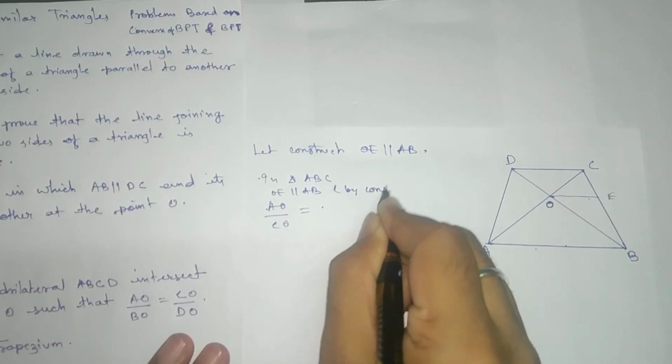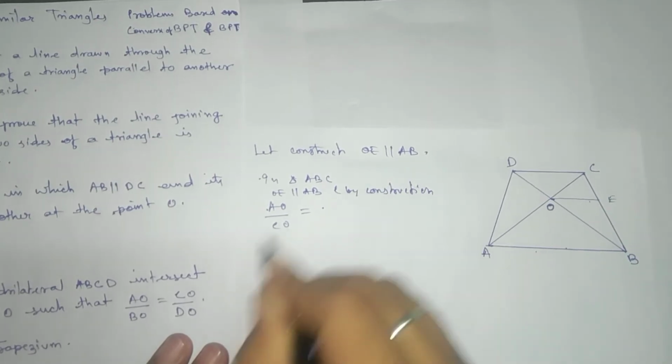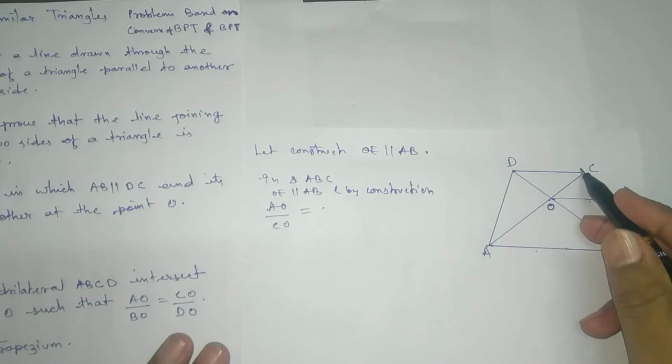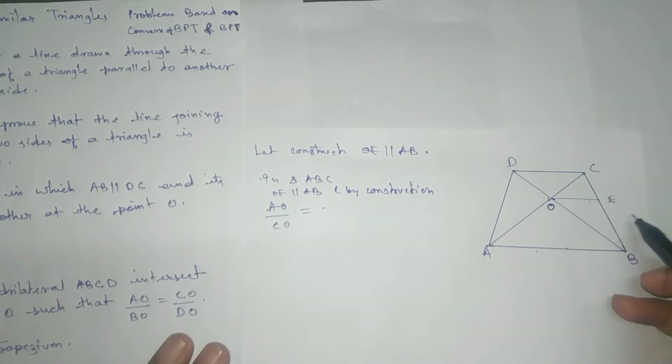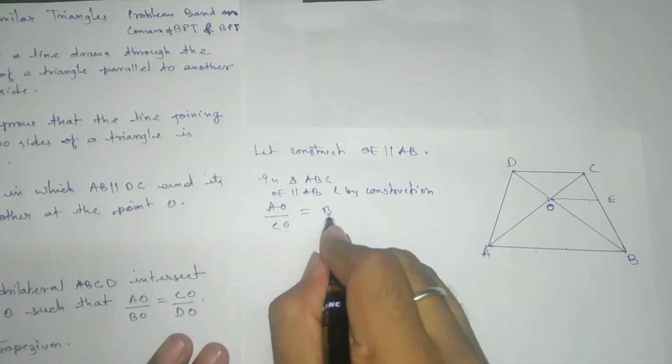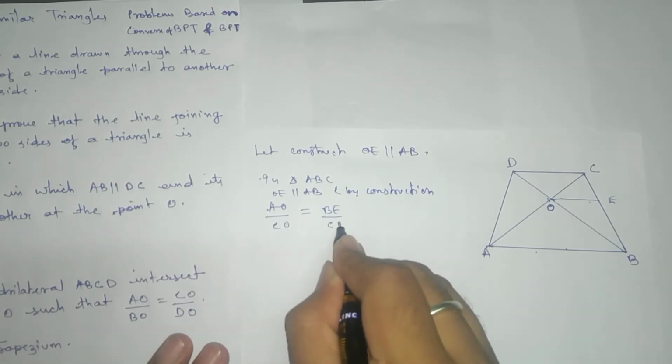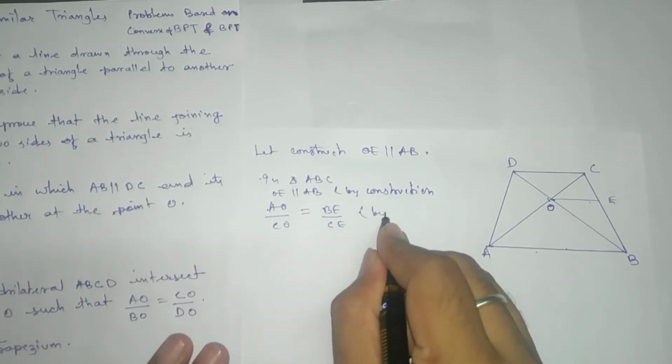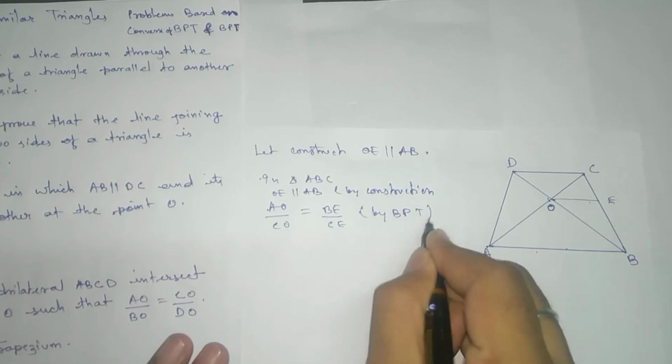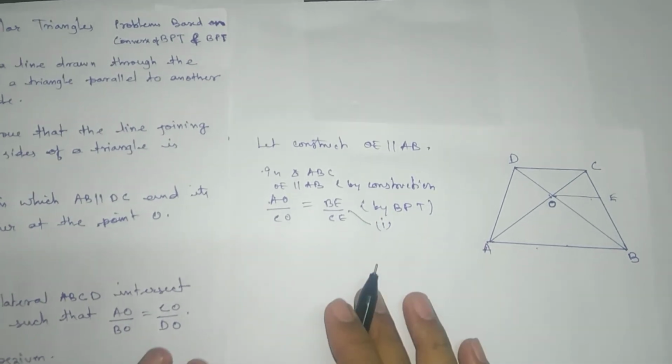Okay, we'll mention this one. Therefore we can say that AO by CO equals to BE by CE, by BPT. This is your number 1.